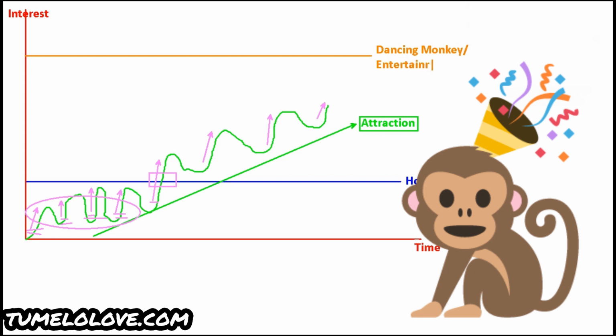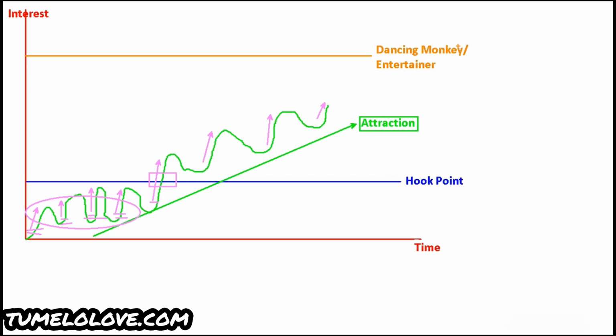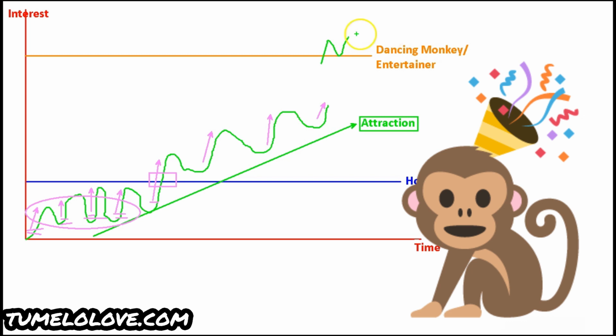Basically, if you spike her emotions too much, too often, throughout the entire interaction, and you spike her emotions past this point, she starts to see you as a dancing monkey and an entertainer.